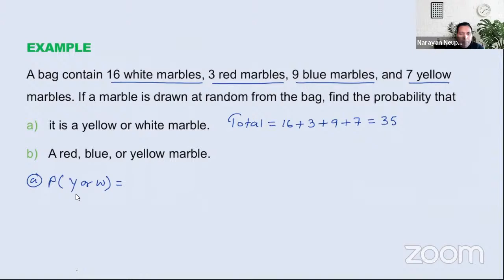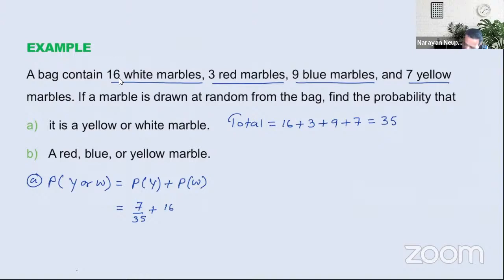For the probability of mutually exclusive events, as we saw in the previous slide, it is the probability of the first event plus the probability of the second event. So that is the probability of getting a yellow marble plus the probability of getting a white marble. Yellow is 7 out of 35, so 7 over 35, plus white, 16 out of 35.